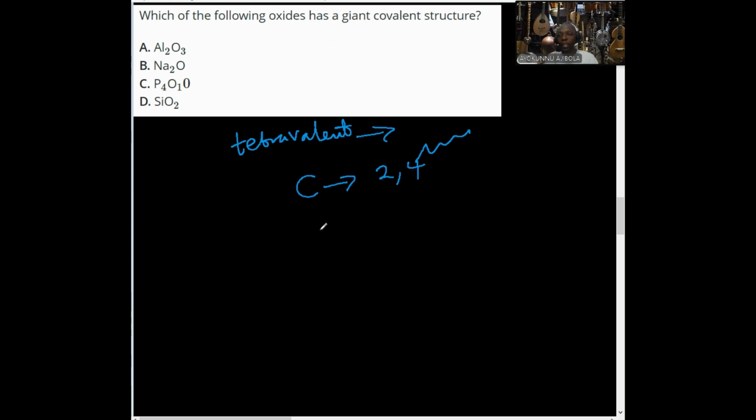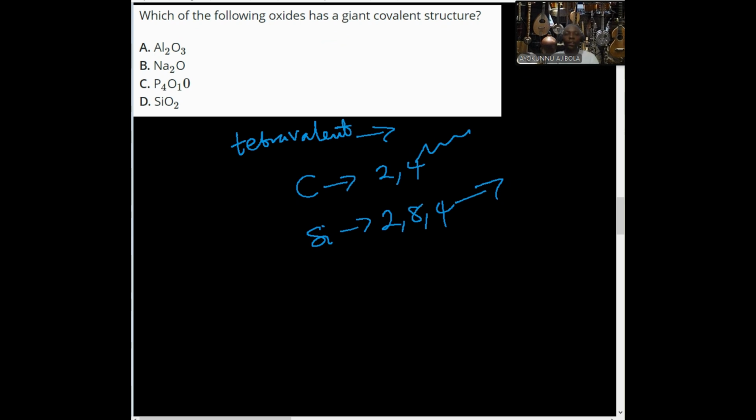Then if you consider silicon, what number is it on the periodic table? 14. So that is 2,8,4. Is that clear? So which option do you think we should go for?